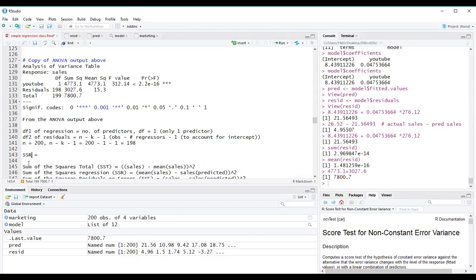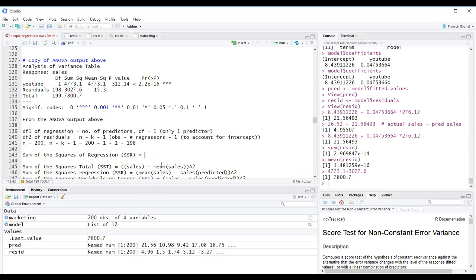Yung SS dyan, ibig sabihin sum of the squares of regression or SSR, and that's equal to this one, guys. Sum of the squares of YouTube. YouTube is your regressor. Okay, so that's 4773.1.